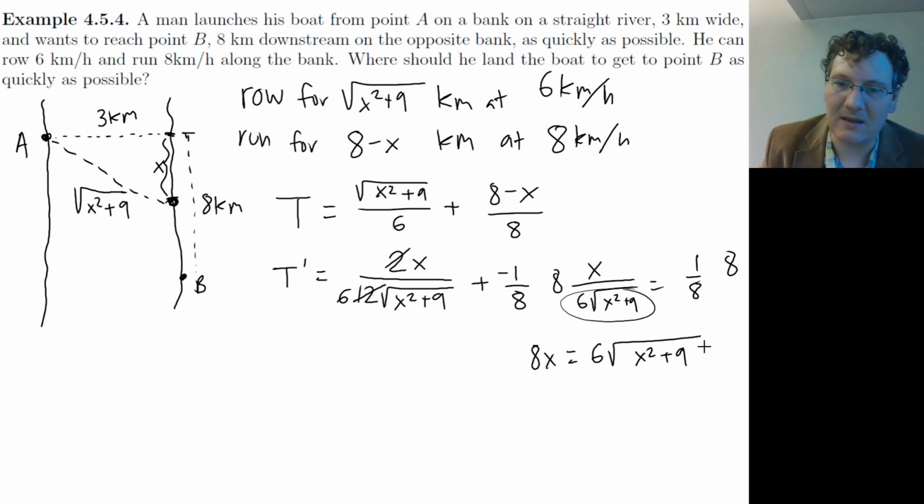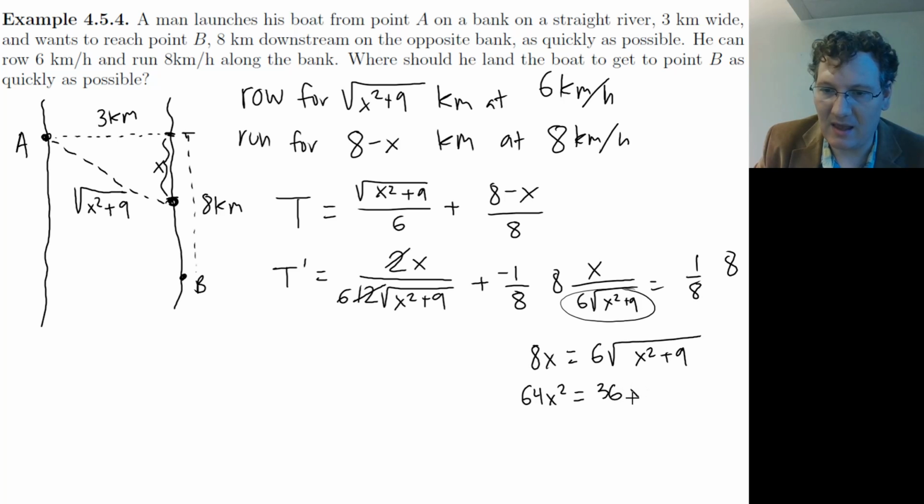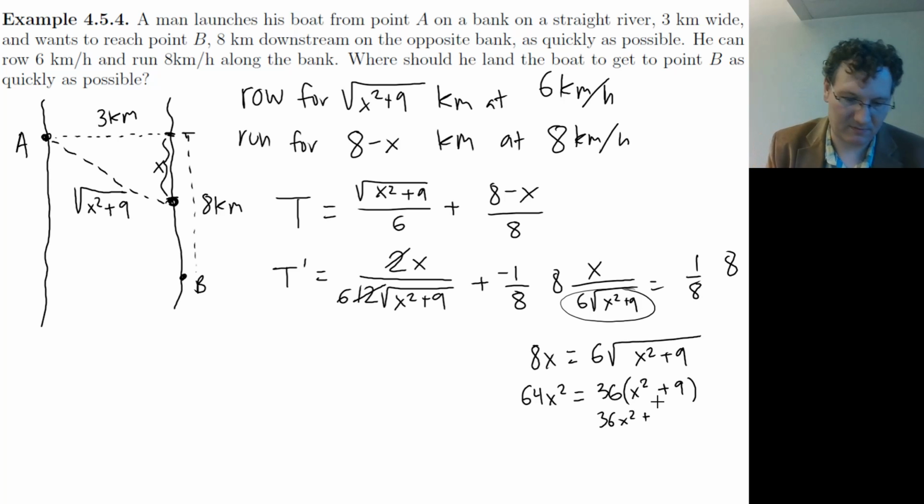And I can solve this by squaring both sides. So I'm going to get 64x squared is equal to 36 x squared plus 324.